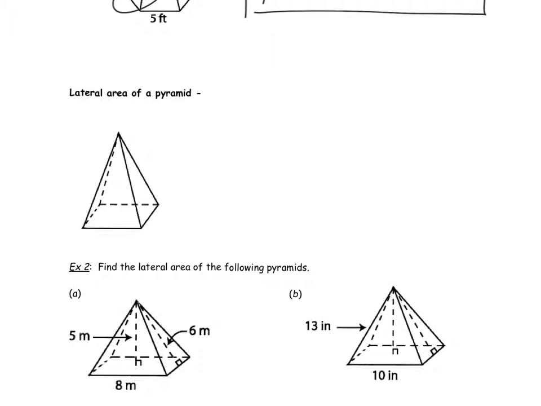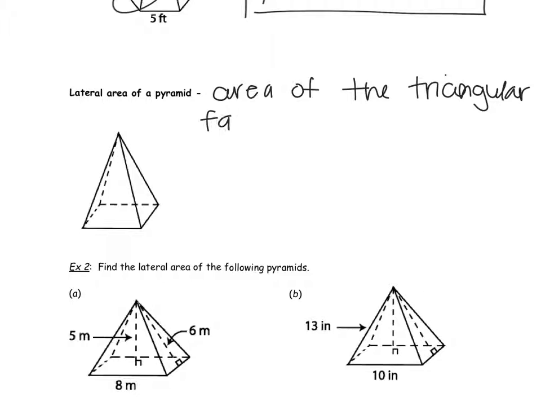Next, we're going to talk about the lateral area of a pyramid. So each face of a pyramid is a triangle. So we're going to find the area of the triangular faces. And because each face is a triangle, that means its area is 1/2 base times height, and then we multiply it by the number of faces we have.